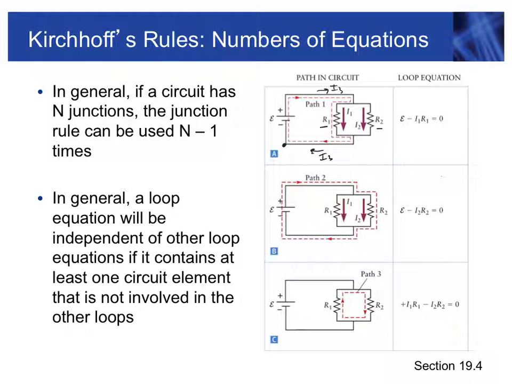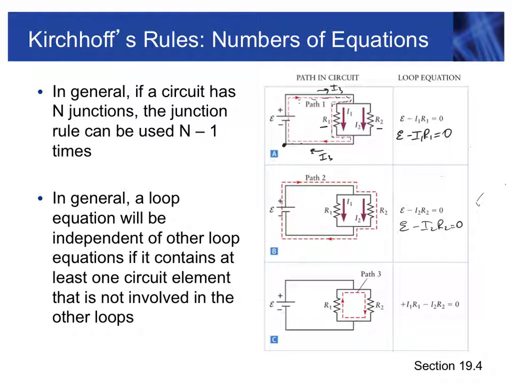This means we have to add the voltage of the battery, EMF. Then we go over here. We see the current goes down and we go in a direction parallel with the current, down. So we have to subtract I1 R1, and it equals 0 because we're coming back and we don't meet anything on our path. In a similar way we go around path 2, so it becomes EMF minus I2 R2 is equal to 0.